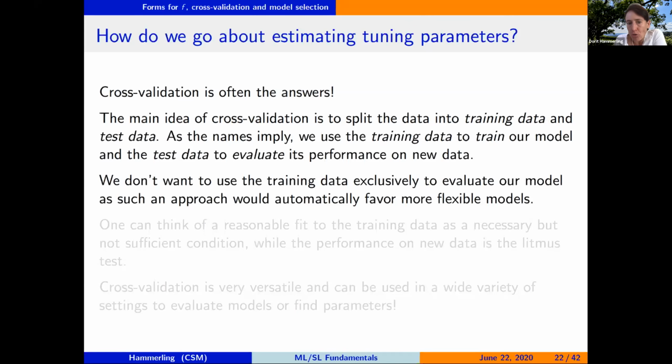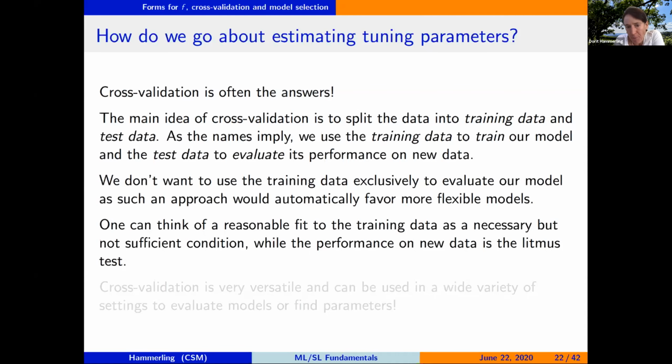We don't just want to use the training data exactly because of the problem of overfitting. If we just use the training data to evaluate our model, a more flexible approach would always be equivalent or better. So when you think about evaluating how well your model fits your training data, you want to think about that as a necessary but not sufficient condition. What we mean by that is, if your model doesn't even fit the training data very well, you're probably dead in the water.